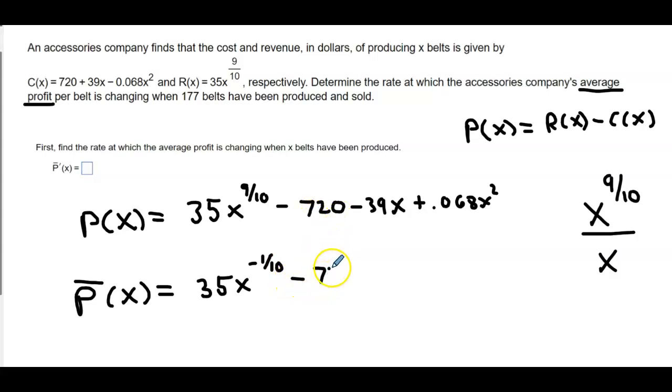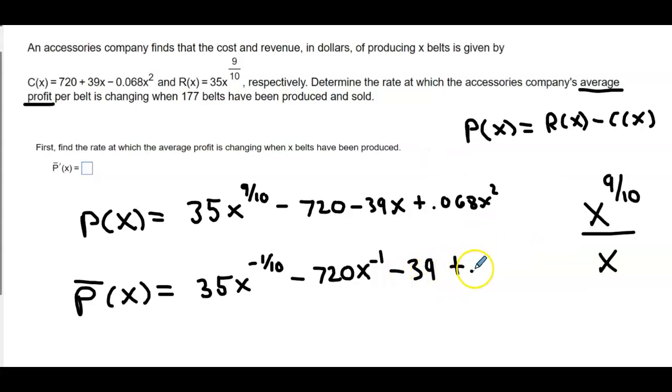720, if we divide that by x, we could write it like this, and that works. But you may recall from class this week, if our goal is to get the derivative, it might be more convenient to write this as x to the negative 1. If I divide the third term here by x, negative 39x, then the x's will cancel and it leaves behind just the minus 39.